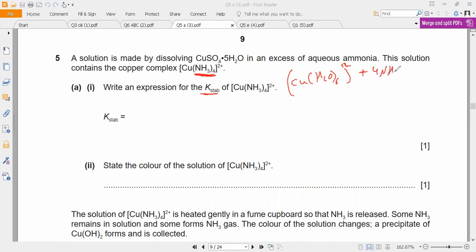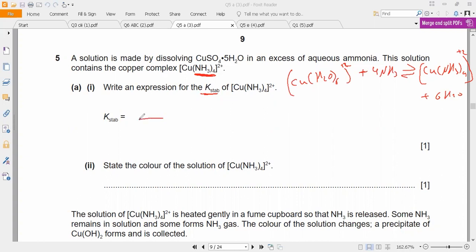So 4 NH3, equilibrium. We will get Cu(NH3)4, and this one is a +2, yeah? Plus 6 water molecules. Okay?